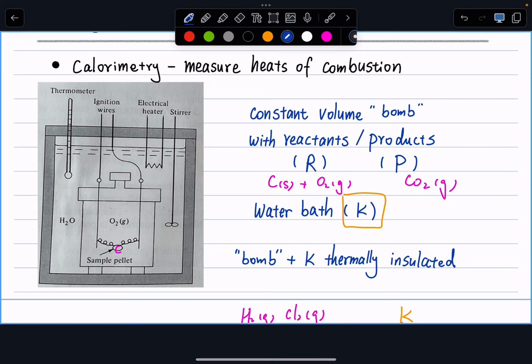So Q goes to 0. The surrounding wall is also solid, and the expansion of water is negligible. So my work is also 0 if we consider both the water bath and our reaction chamber.